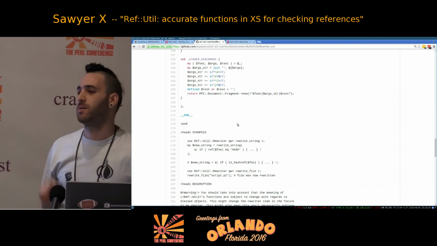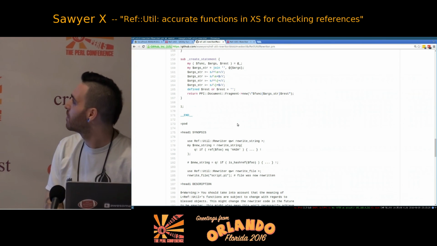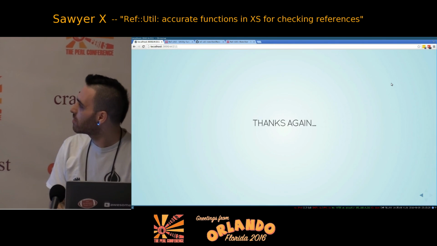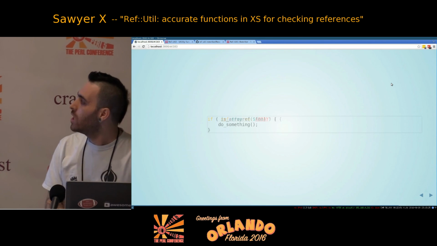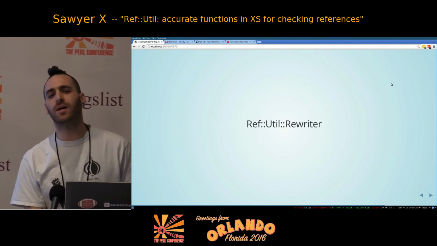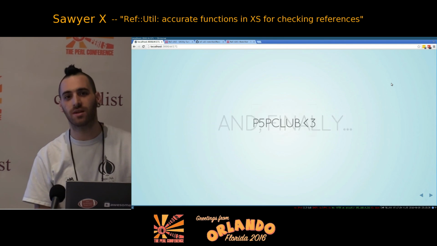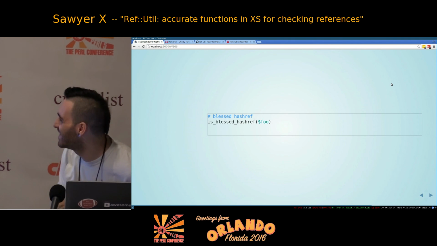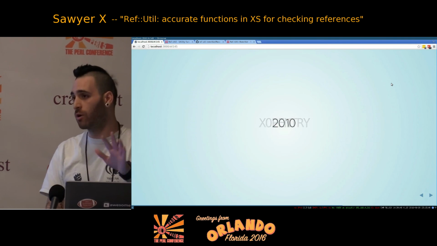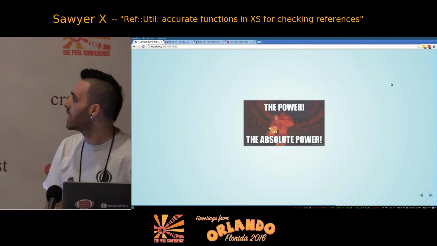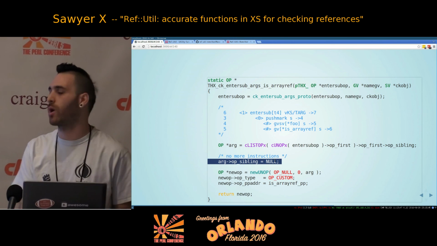Any other question? Yes. So on your inter-sub checker function, you set the op sibling to null. What was it for? So I think, Vikenti, could you provide a better explanation than I would for this? So I think the trick was, and I might be wrong on this, you're referring to this line over here, right?